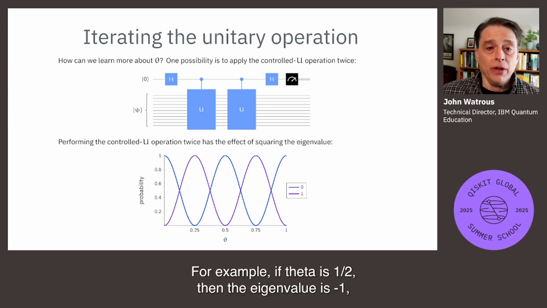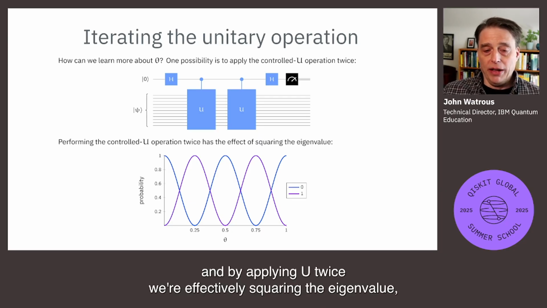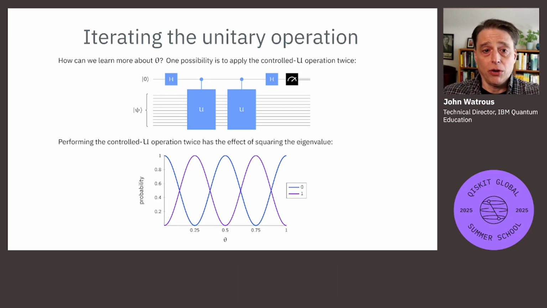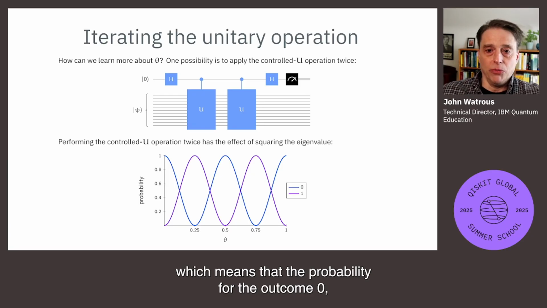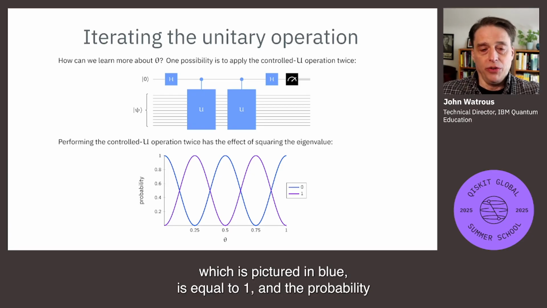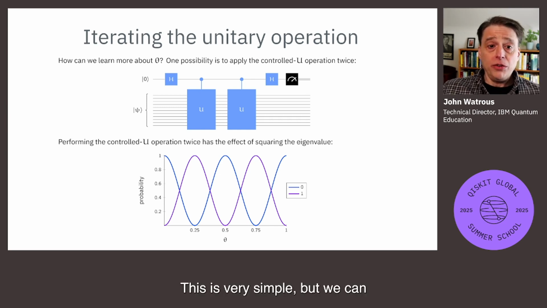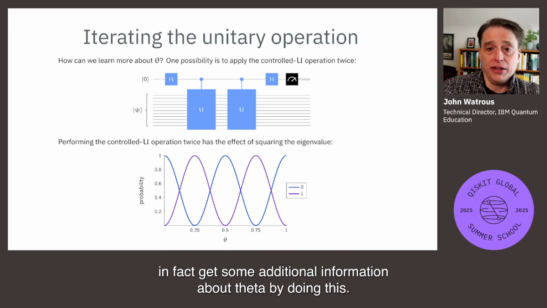For example, if theta is a half, then the eigenvalue is -1, and by applying U twice, we're effectively squaring the eigenvalue, and we see that the result is the same as if theta is equal to 0, which is that the probability for the outcome 0, which is pictured in blue, is equal to 1, and the probability for the outcome 1, which is pictured in purple, is equal to 0. This is very simple, but we can in fact get some additional information about theta by doing this.